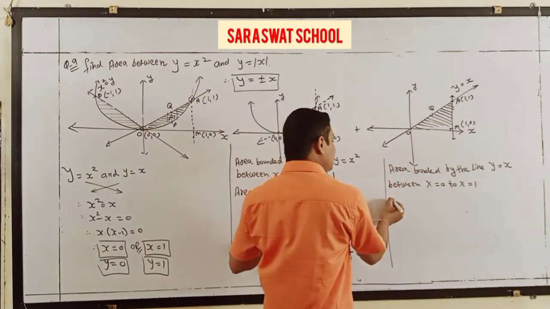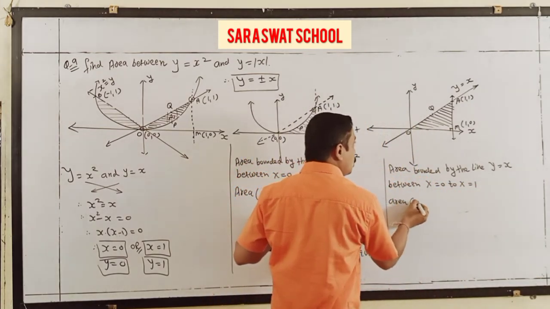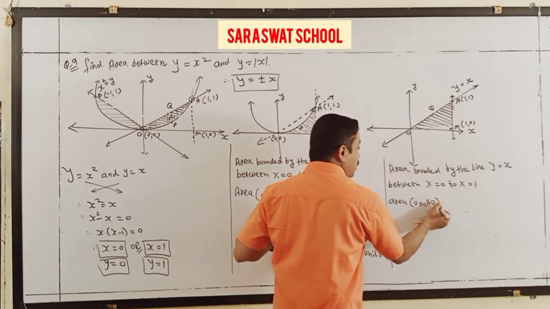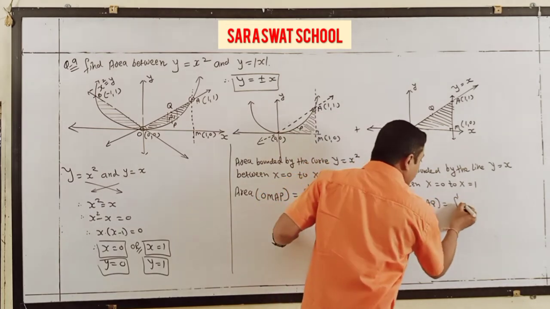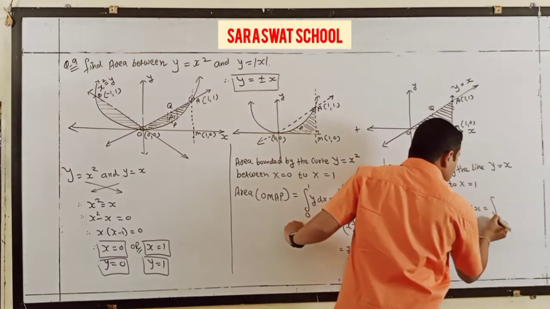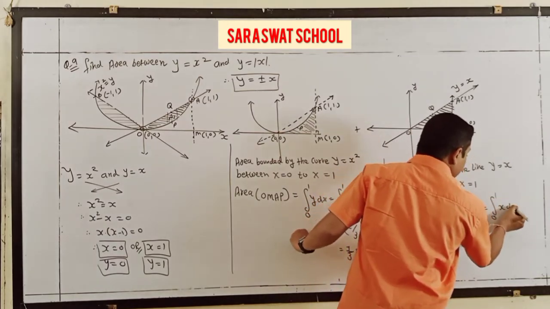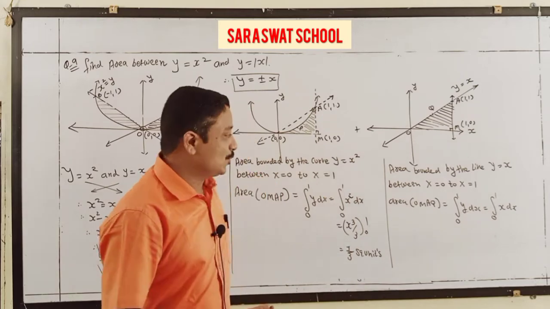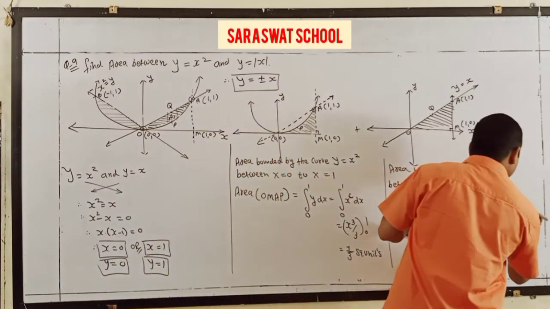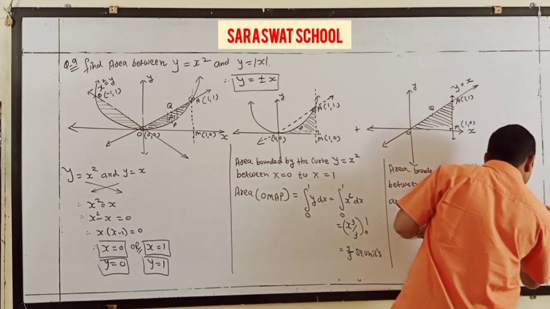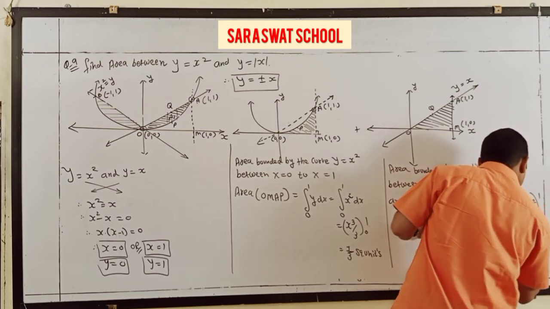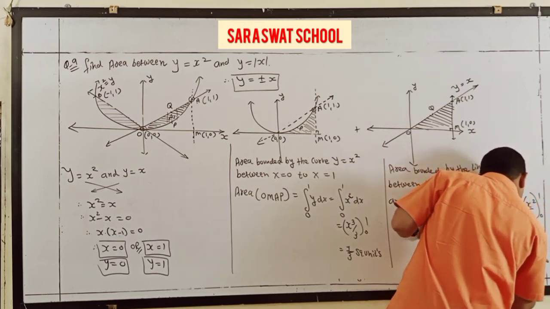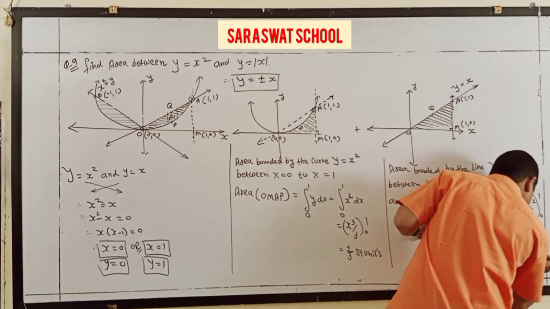That's area is, students, OMAQ, 0 to 1 y dx, 0 to 1 x dx, and create your area. So that's your integration x square by 2, limit 0 to 1. So it is half square units.